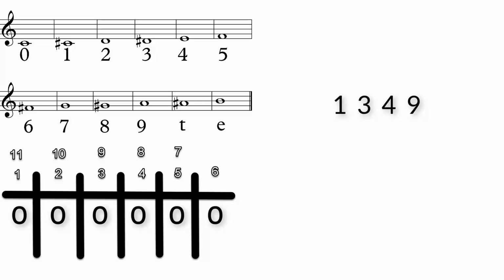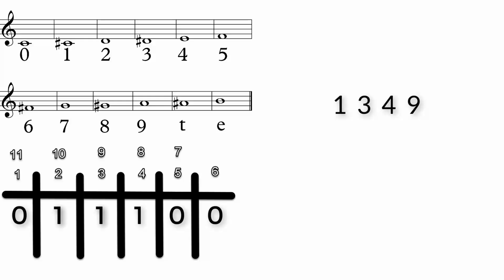So 1 and 3. Well, 3 minus 1 is 2. So let's add a count to the 2. 1 and 4. Well, 4 minus 1, that's 3. So let's add a count to the 3. 1 and 9. Well, 9 minus 1 is 8, and as you see, the 8 there is above the 4 because the 8 is the inversion of the 4. Well, let's add 1 to that column.